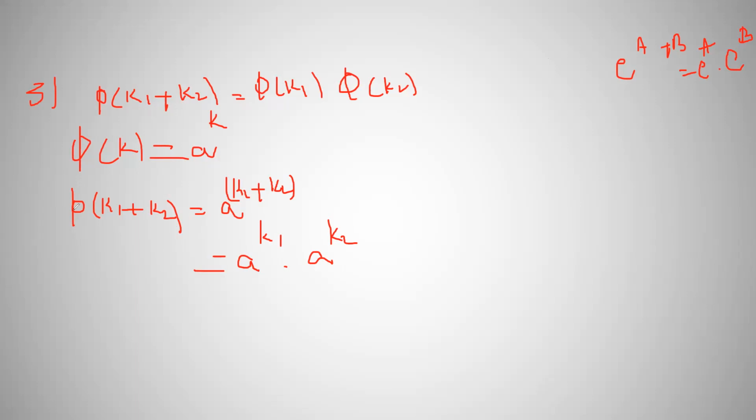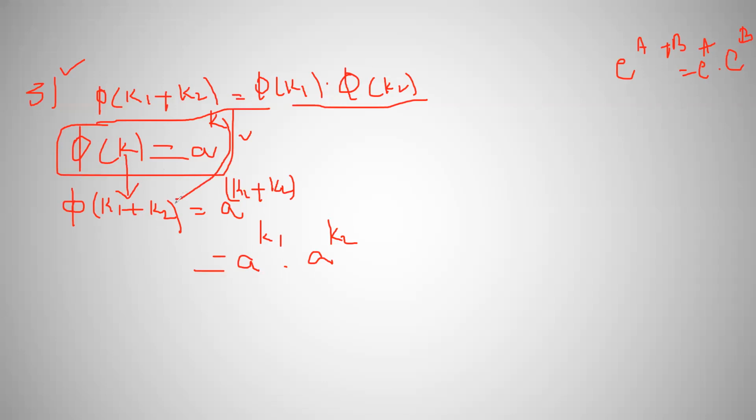So we are proving the third property: phi of k1 plus k2 is equal to phi of k1 into phi of k2. Phi of k is equal to A power k. Replacing k with k1 plus k2, phi of k1 plus k2 is A power of k1 plus k2.